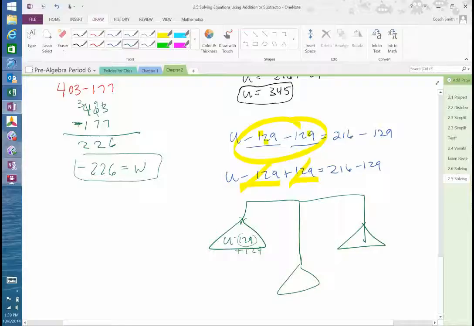But if I just do it on this side, then the scale is going to drop over here, and the scale over here is going to go up. So what I did to this side, I have to do on this side as well. Okay, if I don't, then I'm going to have issues one way or the other. So you've got to keep them balanced, and the only way to do that is by doing the inverse operation.